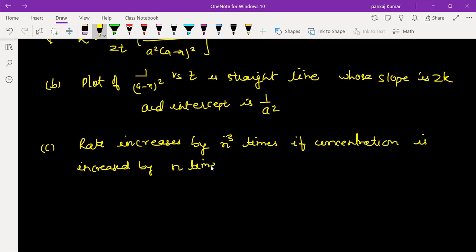If you increase the concentration by n times, the rate also increases by n cube times.